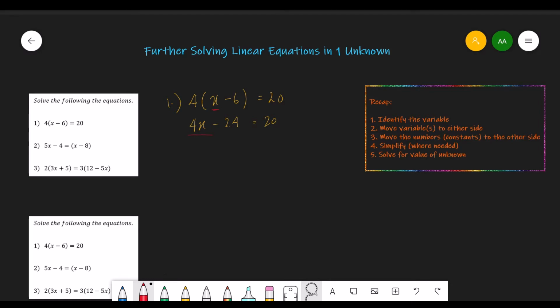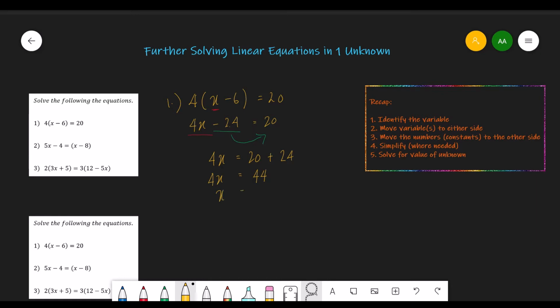That means I will shift my negative 24 to the right hand side. So what I get is 4x equals to 20 plus 24. When we move a negative, it becomes a positive. So in the end, we have 4x equals to 44 here.